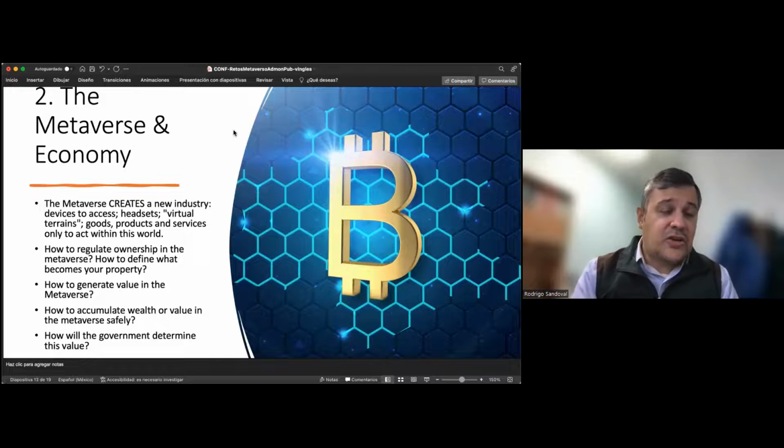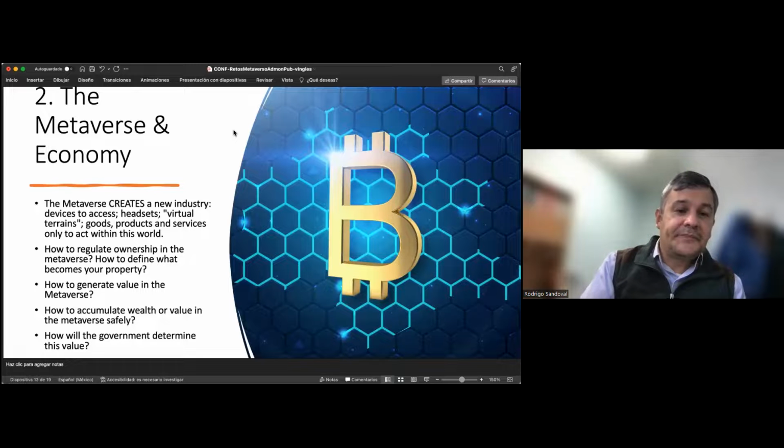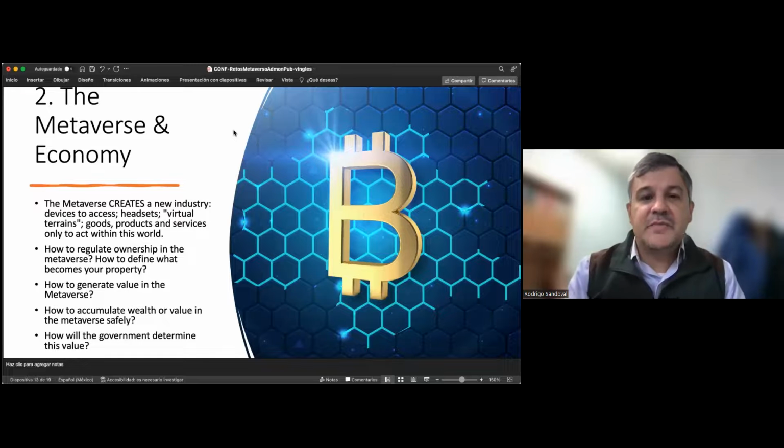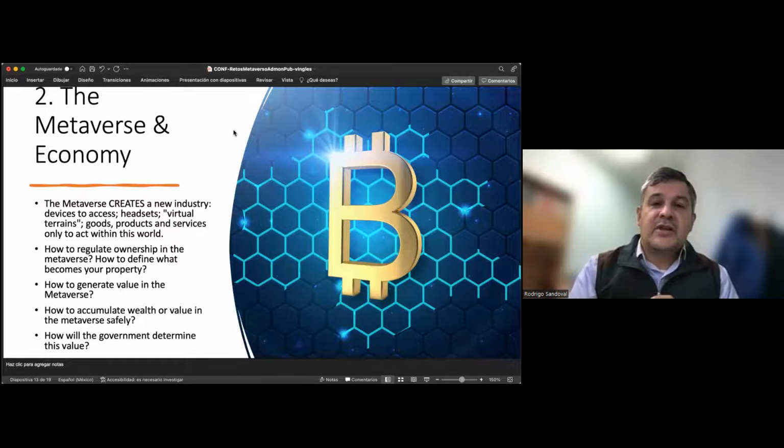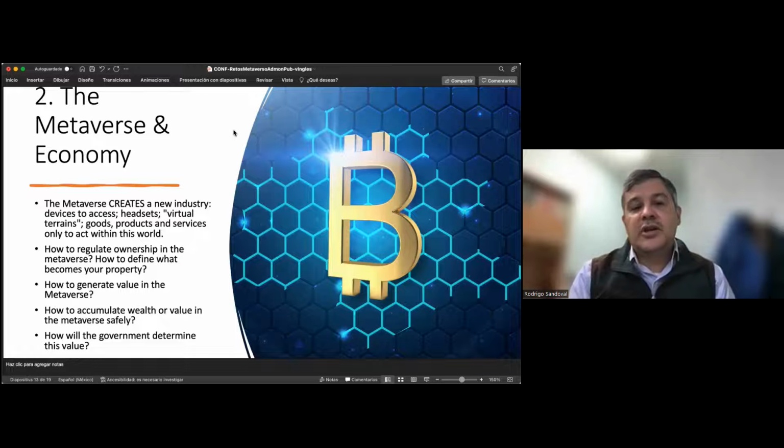The second challenge, or the great challenge, is the economy. If this metaverse creates a completely new industry of devices to access the metaverse, of products and services like virtual territories, goods and services, the thing here is how to regulate the ownership in the metaverse.